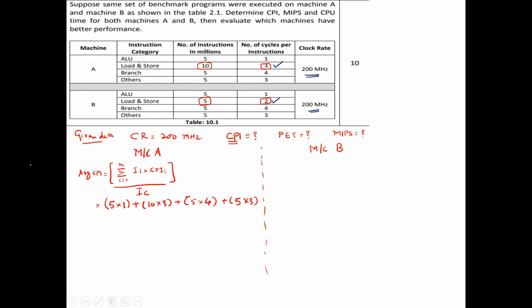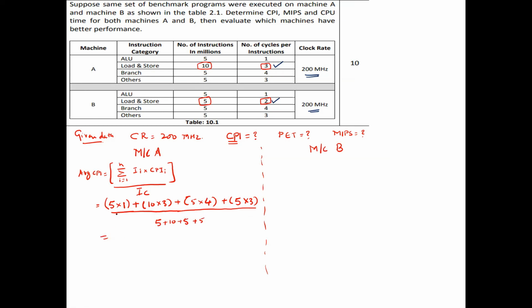Divided by the instruction count. So just sum together: 5 plus 10, 15, 15 plus 5, 20, 20 plus 5, 25. So 5 plus 10 plus 5 plus 5.